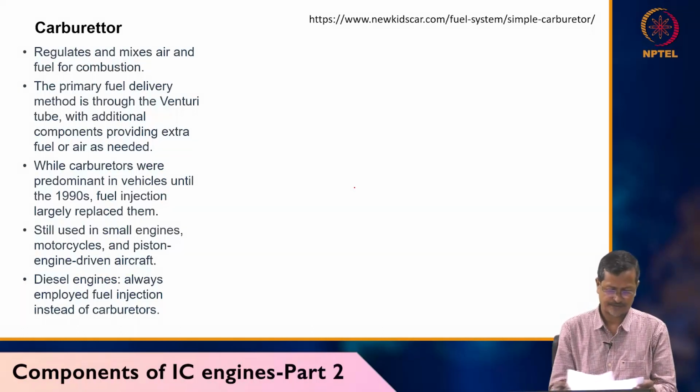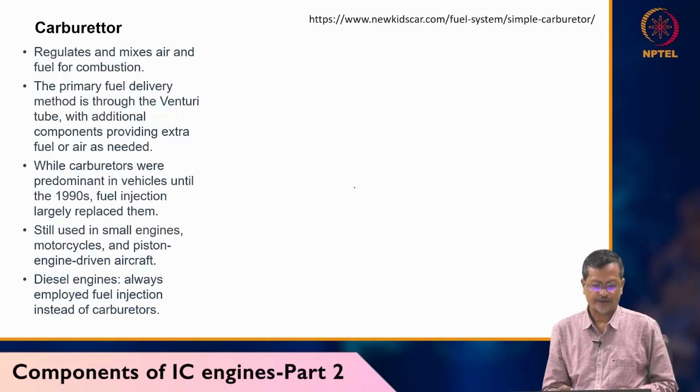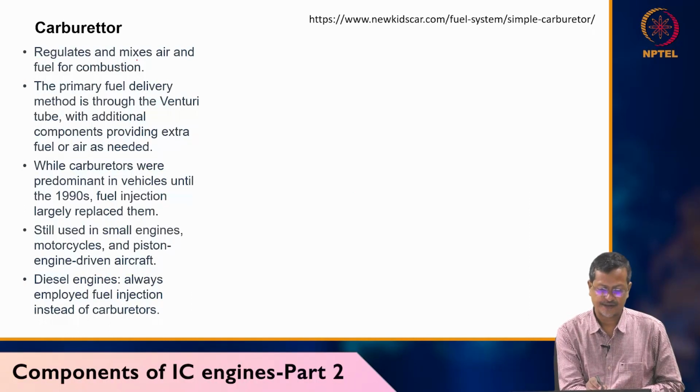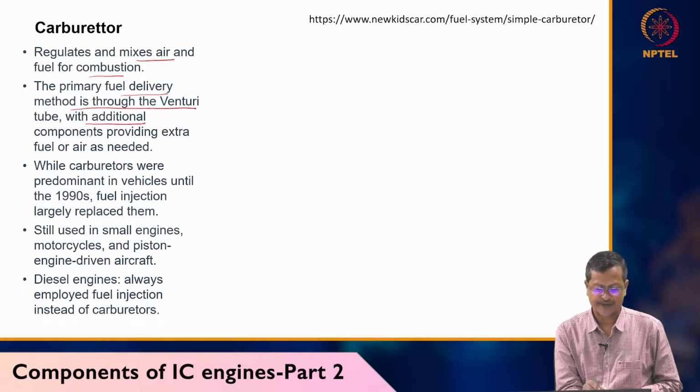There's some more to cover. Let's see the carburetor. I told you that it is used to mix air and fuel. It regulates and mixes air and fuel for combustion. The primary fuel delivery method is through the venturi tube, with additional components providing extra fuel or air as needed.